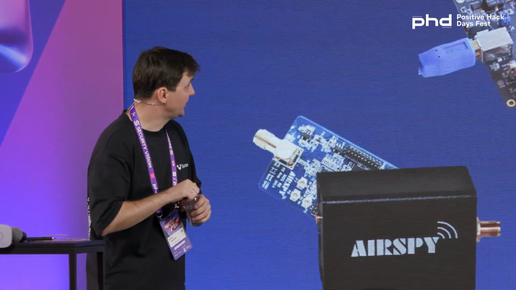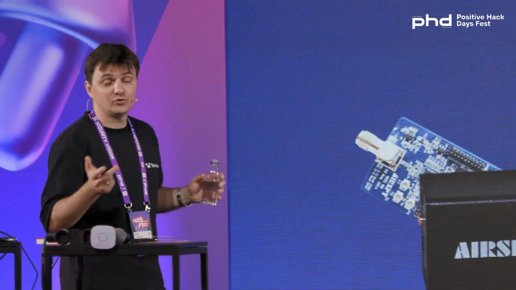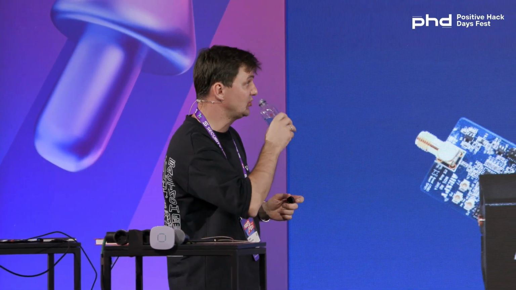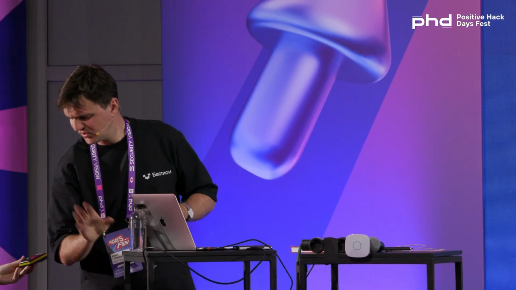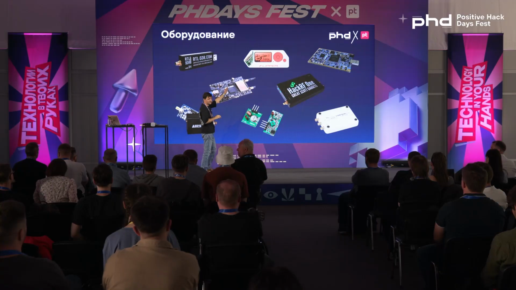Again, it covers IoT devices, a bit of GSM, and no more than that. And it's inconvenient. You need additional software. You have to work through a computer. Then, no, thank you.